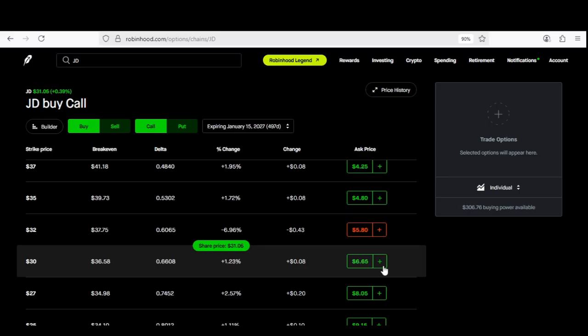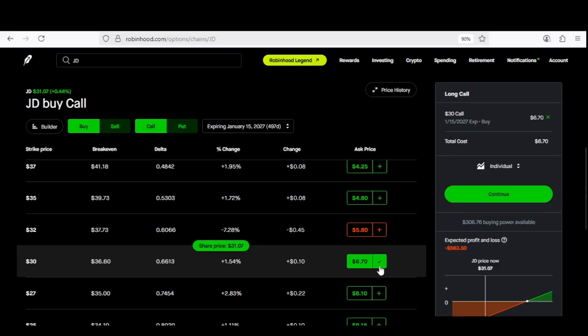So bear with me. This is just a prelude to you making consistent income. So since this is a buy call, we're going to have to pay. The amount we're going to have to pay for the $30 strike price is going to be $6.65. Once again, we are dealing with options, so you simply multiply this by 100 shares and you're going to have to pay around $660.